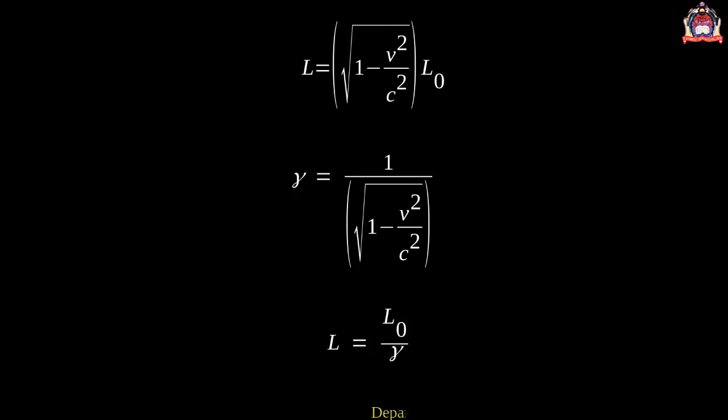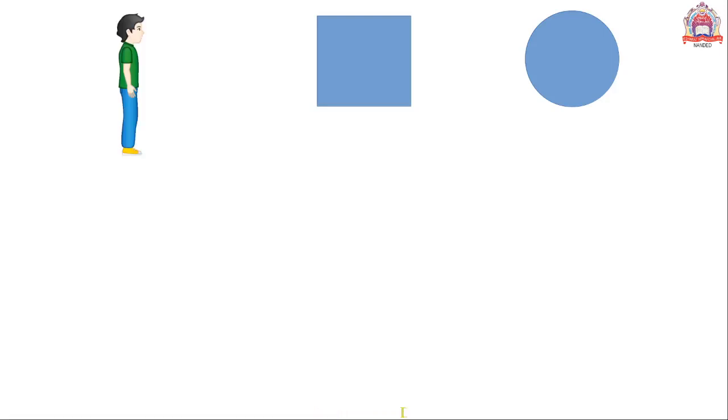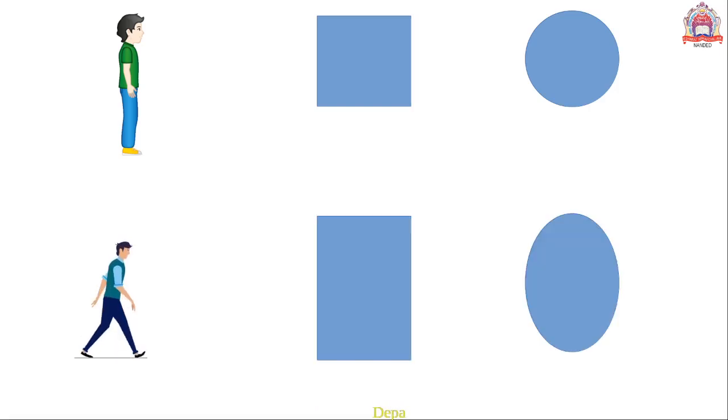For convenience, just take an example. A person who is stationary observes two objects, one a square and another a circle. He sees that all are the same size. But a person in motion observing the same square and circle finds that the square becomes a rectangle and the circle becomes an ellipse.